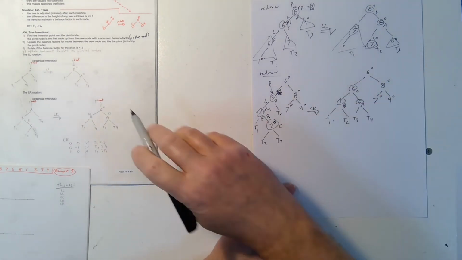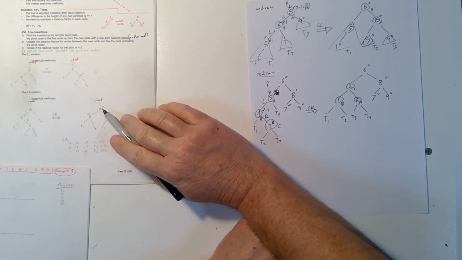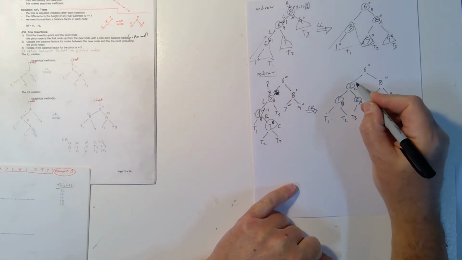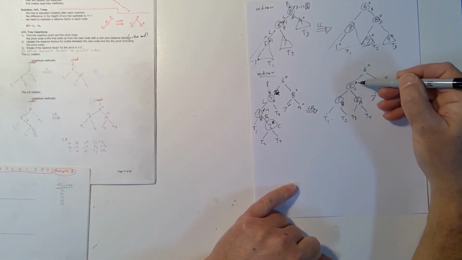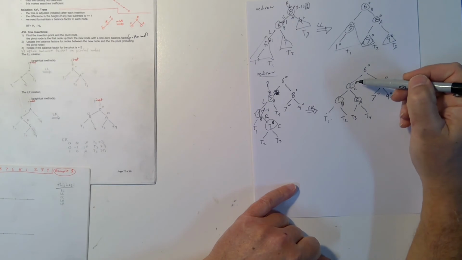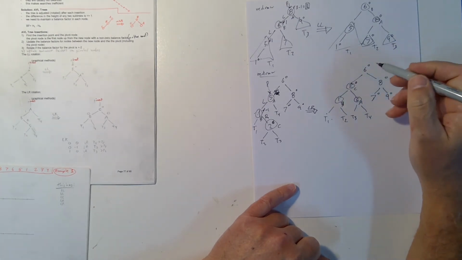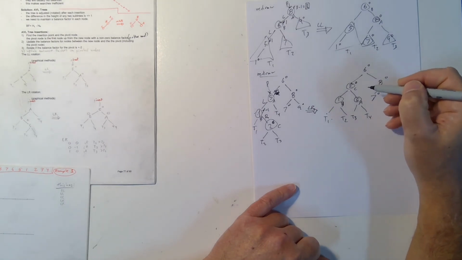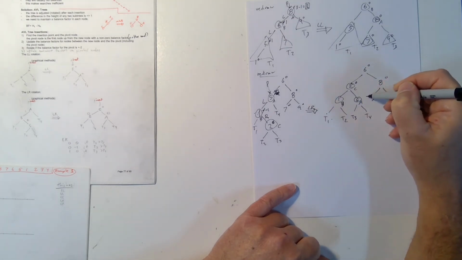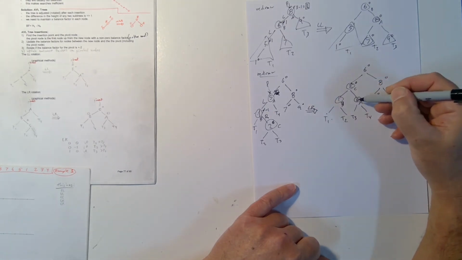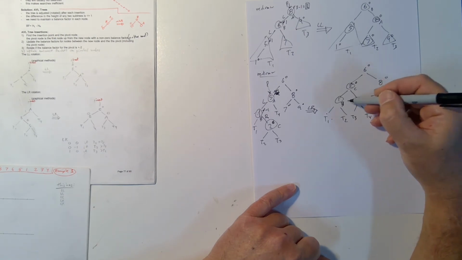And our rule says that node C will always have a balance factor of 0. Why? Because AVL, Mr. A, Mr. V, and Mr. L were geniuses. That's my answer. These guys, B and A, are going to have other balance factors.